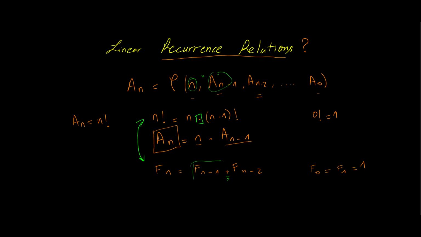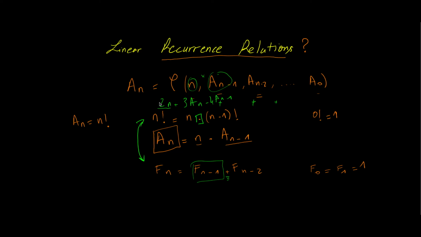So when this is the case, when the variables here are a linear combination, meaning that f of n is defined in terms of these variables as a sum of these variables times a constant, so I can have 2n plus 3 a of n minus 4 a of n minus 1 and so on.